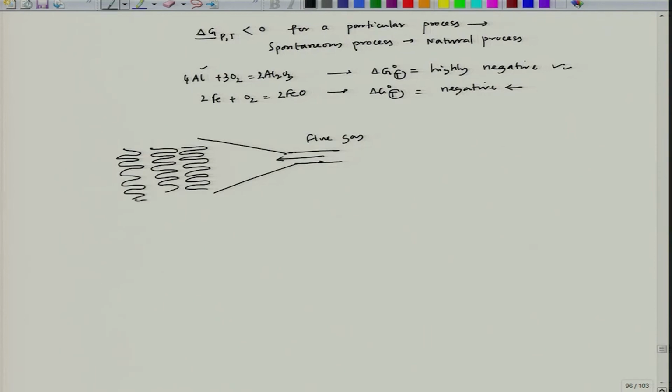One end is the entry, another is the exit. Through this pipe we are sending steam. Now when this flue gas is burned, it goes through this particular stack of pipelines.